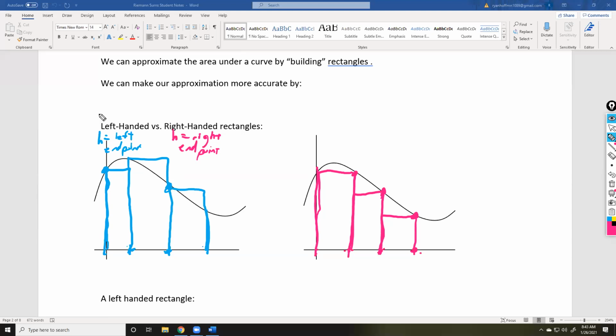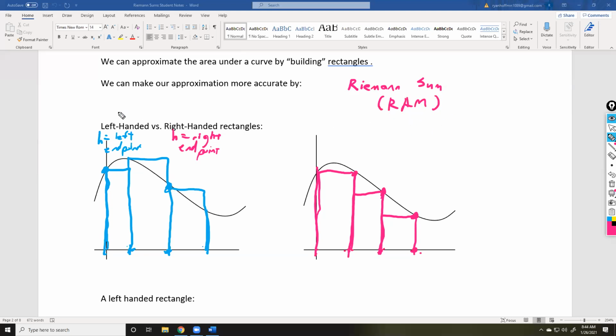Since these are called Riemann sums, this is named after a mathematician, and it's going to be called RAM for short, RAM.